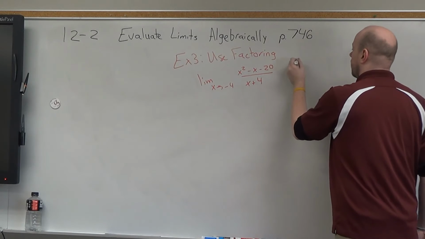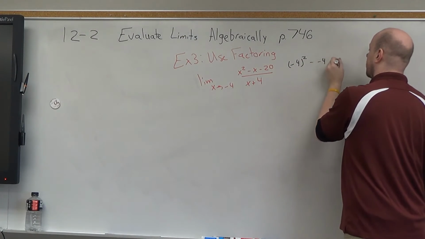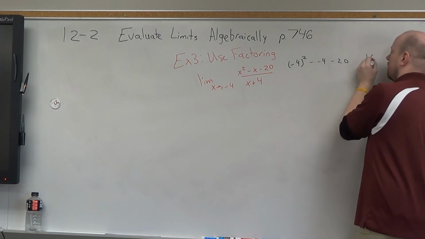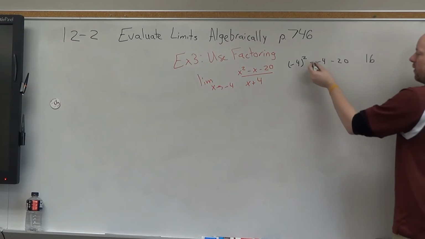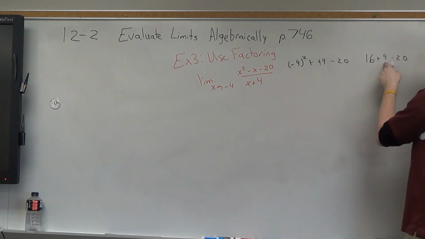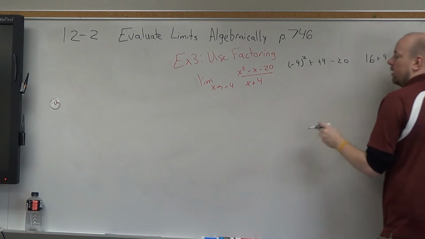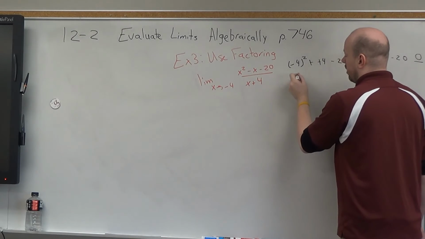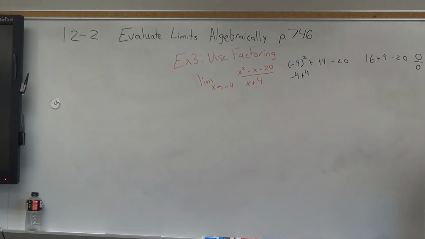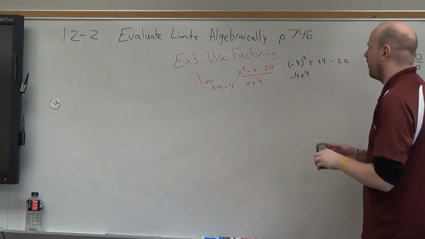I get negative 4 squared minus negative 4 minus 20. Negative 4 squared would be positive 16. Minus negative 4 is the same as plus, so I'd get plus 4 minus 20. 16 plus 4 would be 20, minus 20 would be 0. Negative 4 plus 4 would be, again, 0. Indeterminate form. So now we know we have to do some algebra to see if we can figure out a way around that.